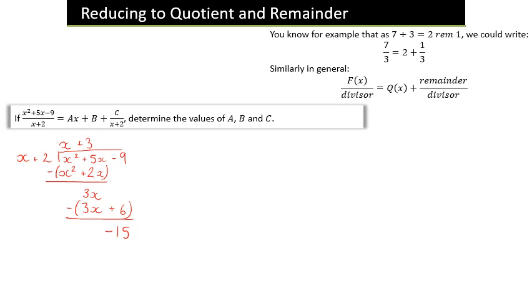So my answer is going to be x add 3, which is what I got when I did my division at the top, and then I'm adding on my remainder, which is negative 15 over x add 2. So A was 1, B was 3, and C was minus 15.